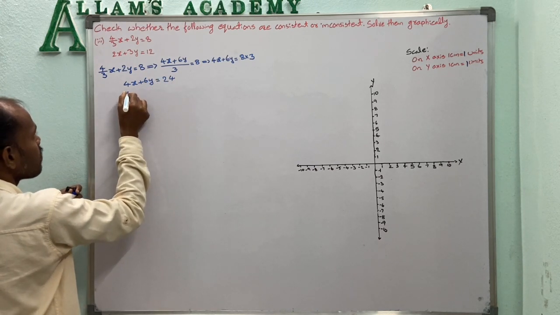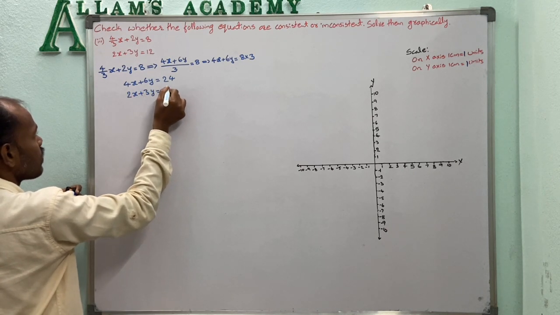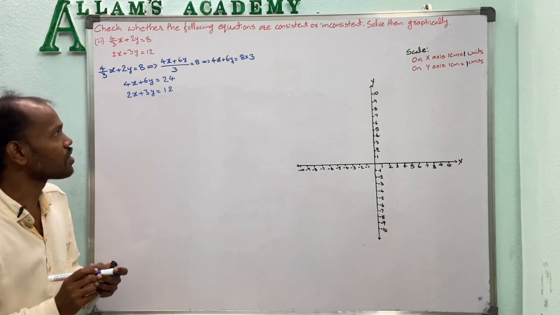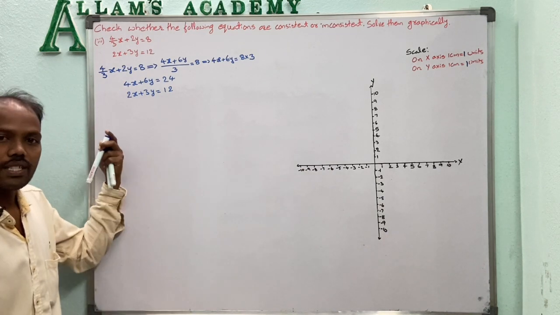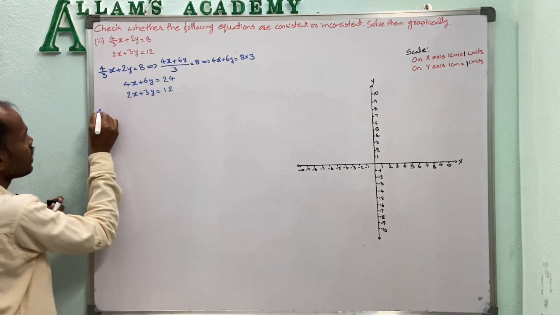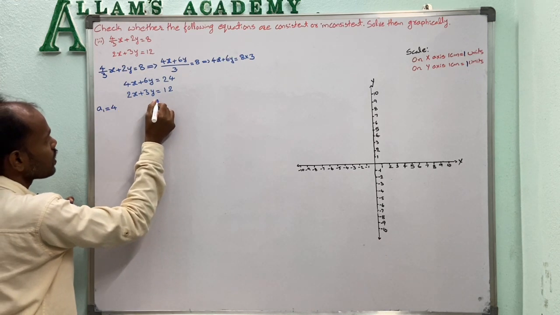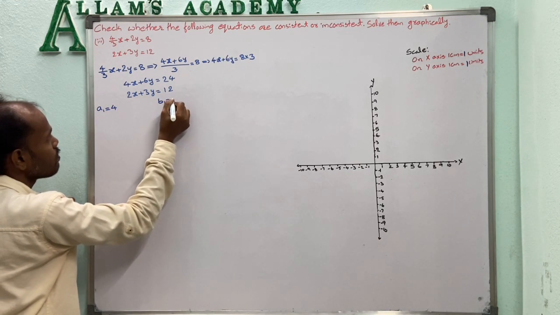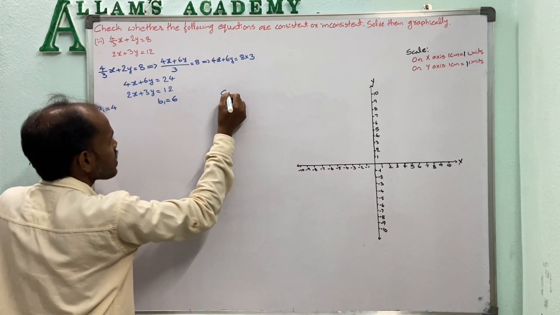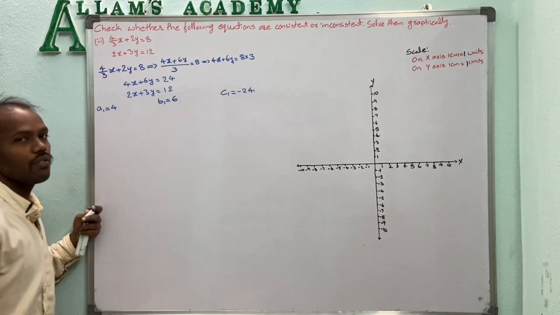And the second linear equation is given as 2x + 3y = 12. Now we compare the ratios of coefficients, so for that purpose we first write the coefficients. For the first equation, a1 equals 4, the x coefficient; b1, the y coefficient, is 6; and the constant term c1 is minus 24.